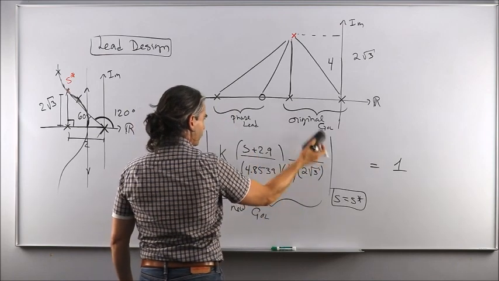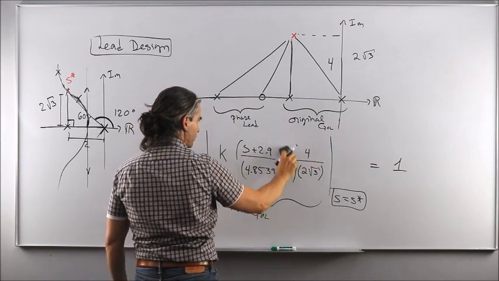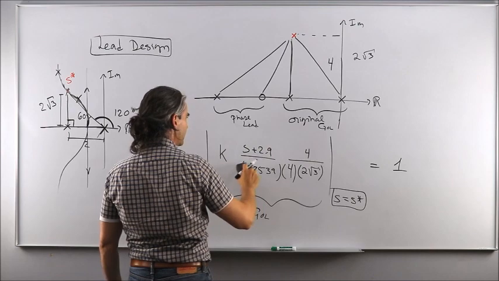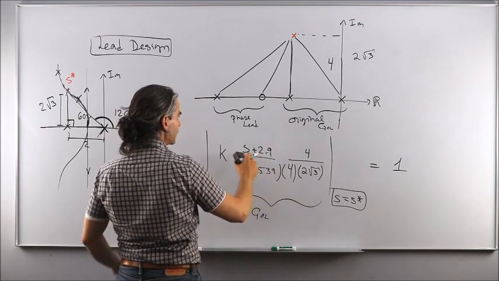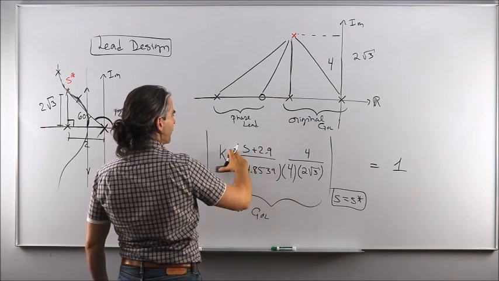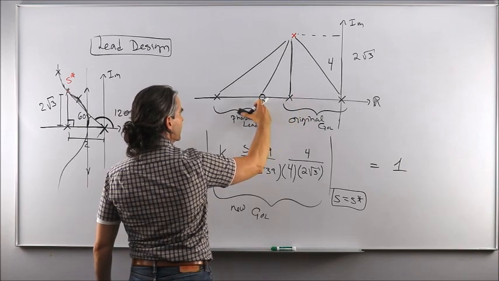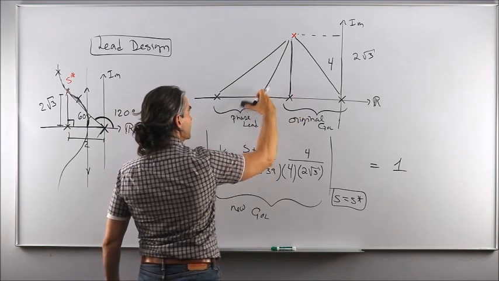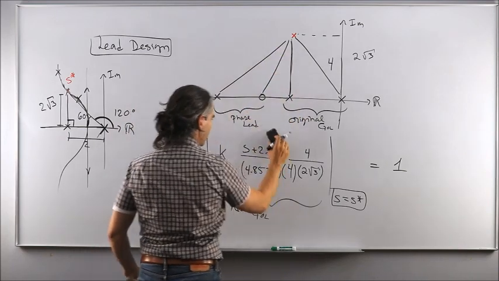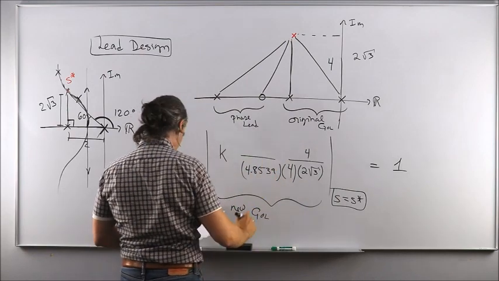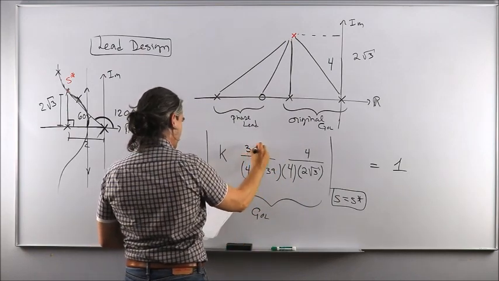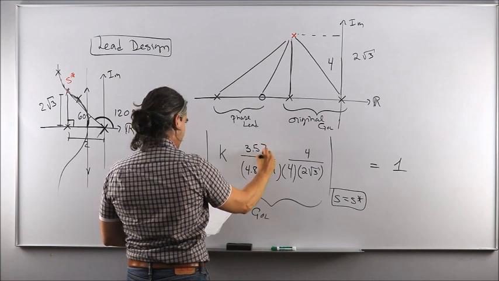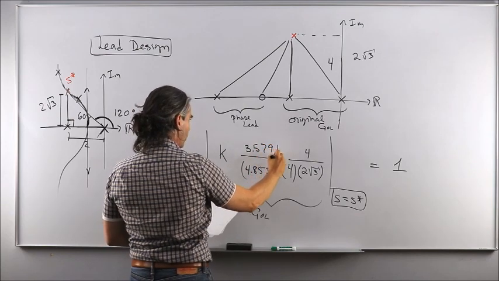Okay, 4 stays 4. There's nothing to do about it. It's just a gain, essentially, in terms of the magnitude. And the 0 at minus 2.9 here, the distance between itself and S star, if you do the math properly, you should end up at 3.5791.